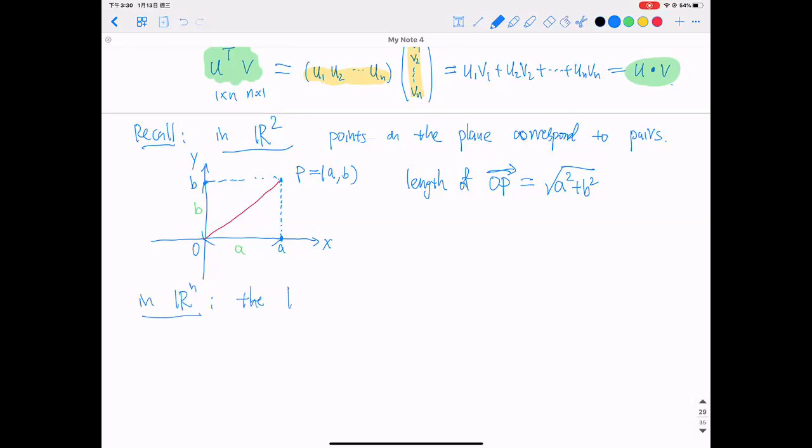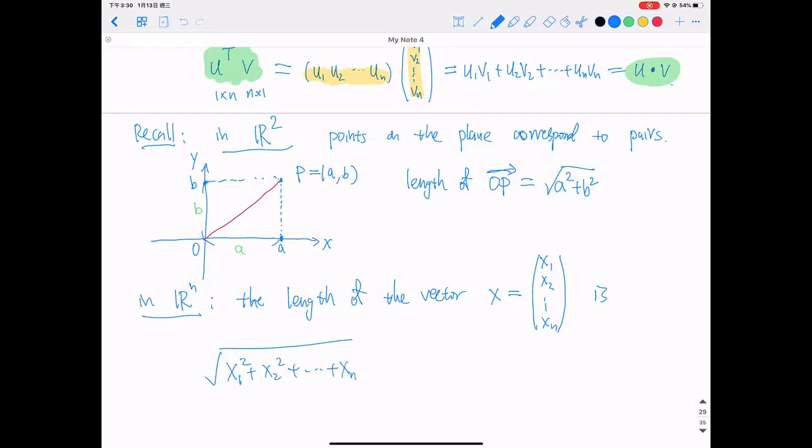In higher dimension, the length of the vector, say this one, x1, x2, xn, is, first of all, this quantity, the square root of the sum of squares of the entries.